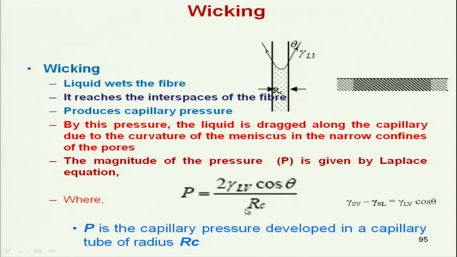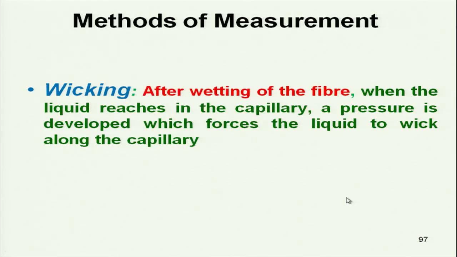So, lower radius means higher capillary pressure. So, it follows the Laplace equation. Liquid transmission is known as wicking, and wicking we can measure.